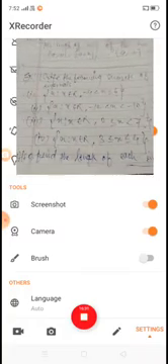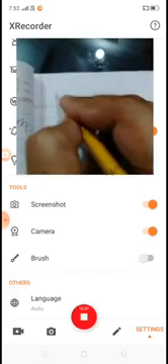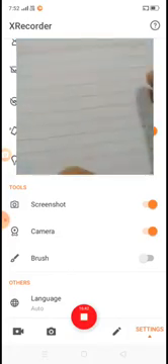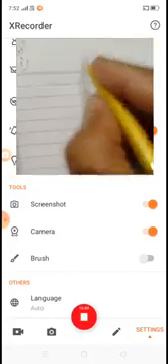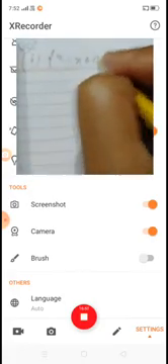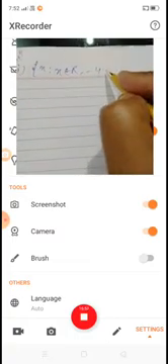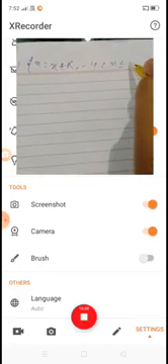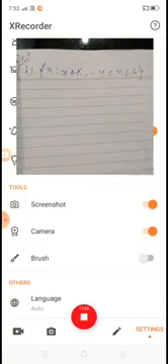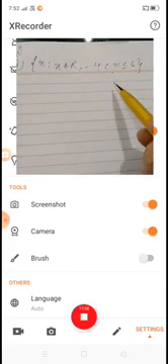Now let's solve the first question. Solution of the first question: x such that x belongs to real numbers, -4 less than x less than or equal to 6. We write the given subset as an interval.